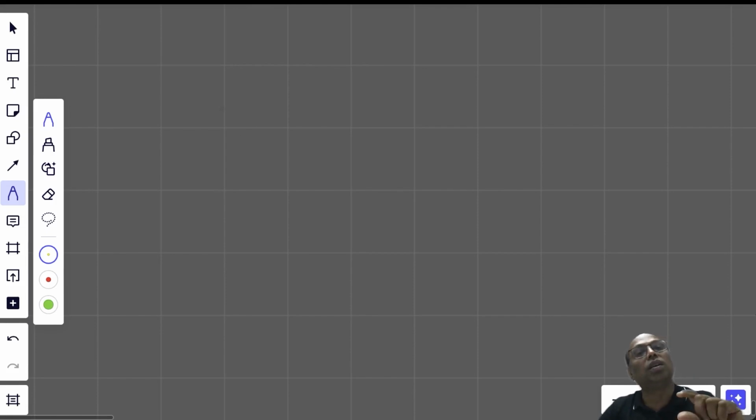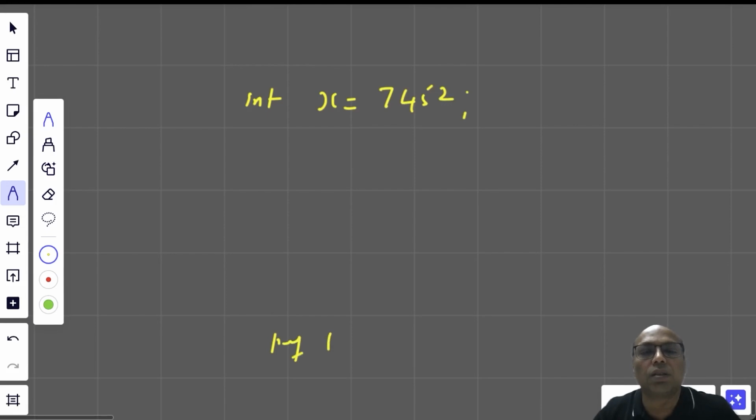You need to reverse the number. Let's say my x is right now 7452. You need to reverse the number. That means when I print the output, if I print percentage d reverse, what is the answer I should get?